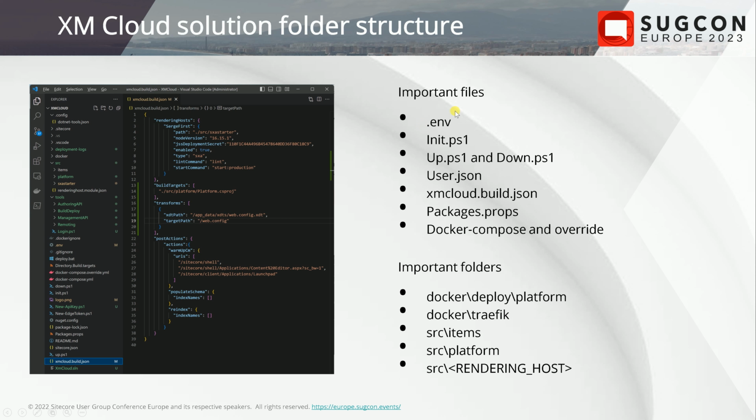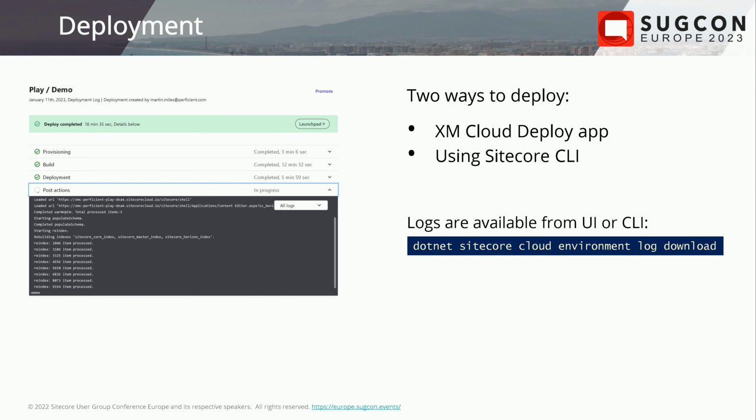I listed all the important files and all the important folders here on the slide. There are two ways of deployment. You can do that with the XM Cloud Deploy app, or you can do it by CLI. XM Cloud comes with an integrated deploy app that performs exactly what it is called for.